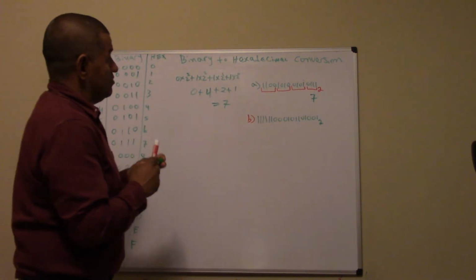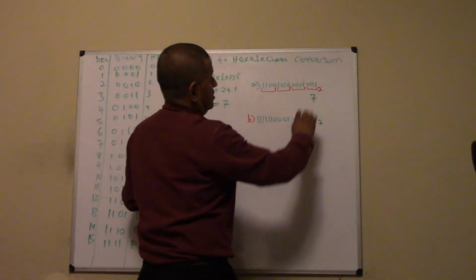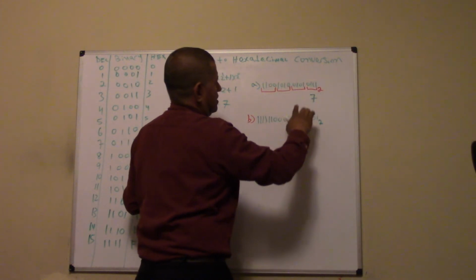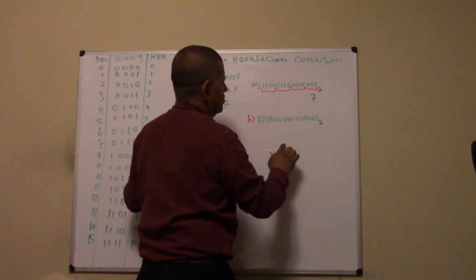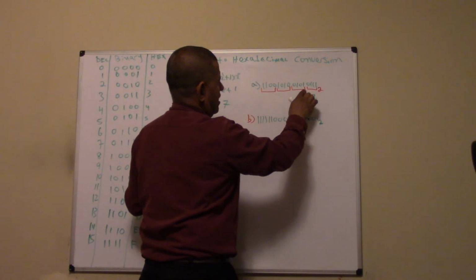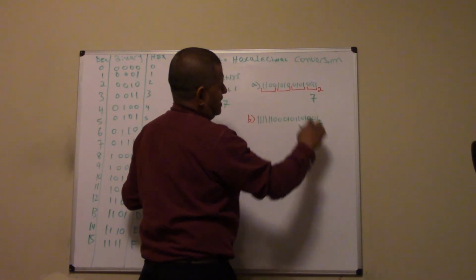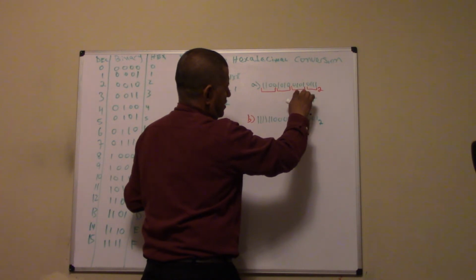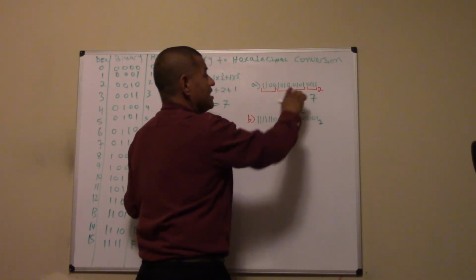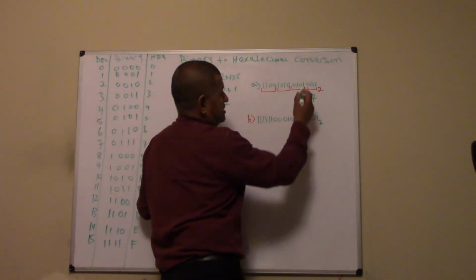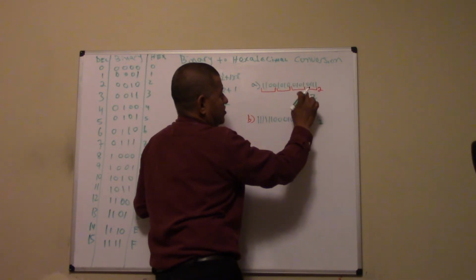Now let's do the next one. Here you got 1, here you got 2, but this is to the 1 power, but it's 0. And here, okay, this is 0, 1, 2.